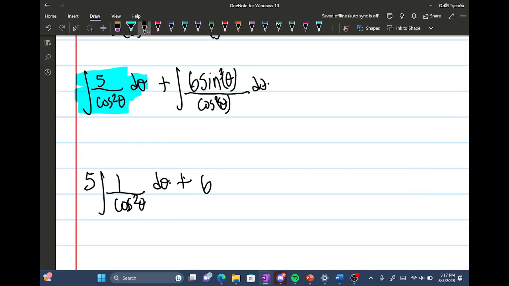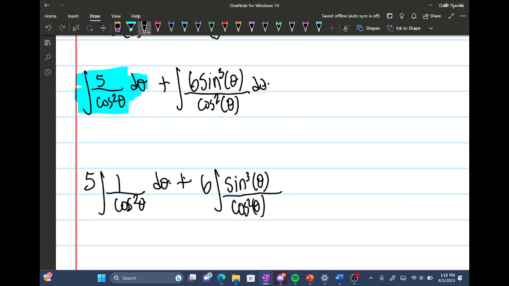So we have 6 times the integral of sine cubed of theta over cosine squared theta, sorry, my handwriting is just not readable.